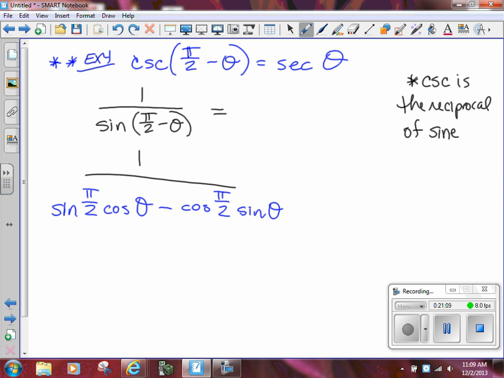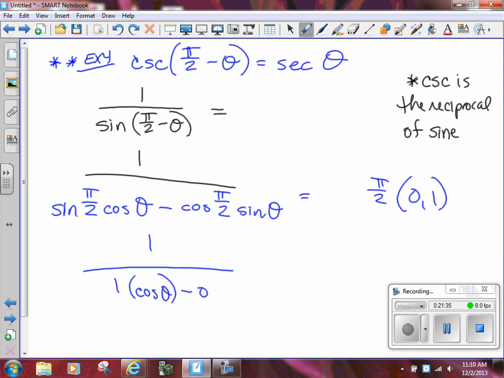Is this what you have? Okay. We are interested again in pi over 2. 0, 1, right? So sine of pi over 2 is 1. Whoops. What did I forget? 1 over. I forgot my fraction. 1 over, 1 times cosine, minus 0 sine, right?